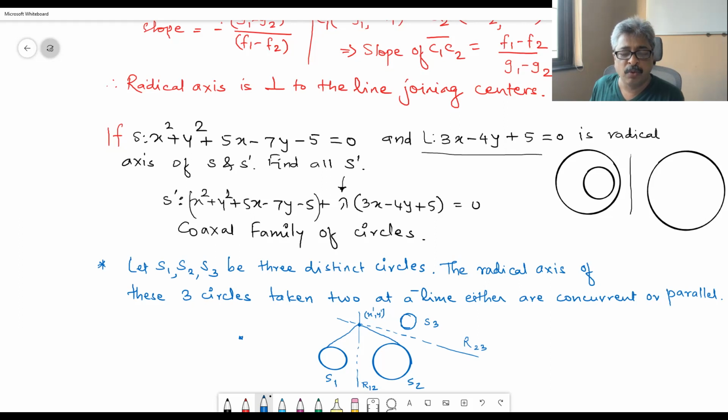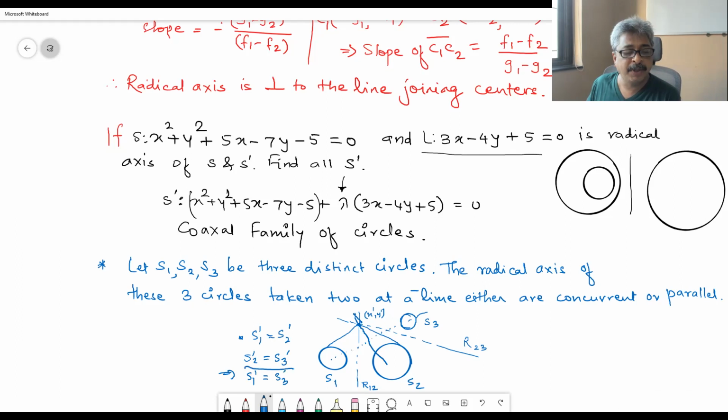So what is the power with respect to S1? S1'. What is the power with respect to S2? S2'. If we take this radical axis, S2' is equal to S3', which implies S1' is equal to S3'. And therefore, through this point, the radical axis of these two circles also will pass like this.